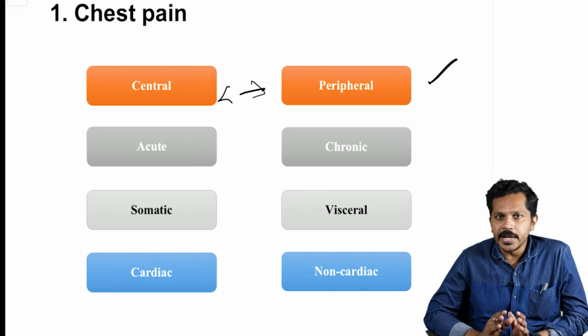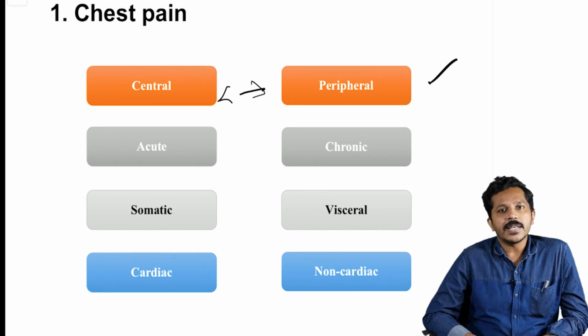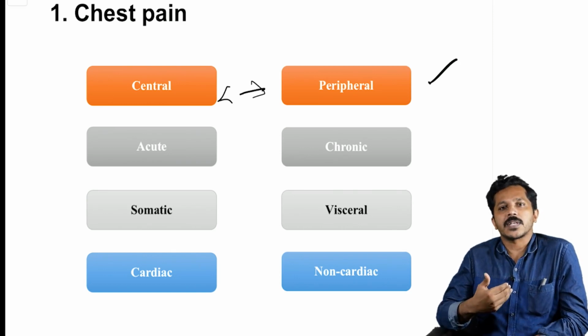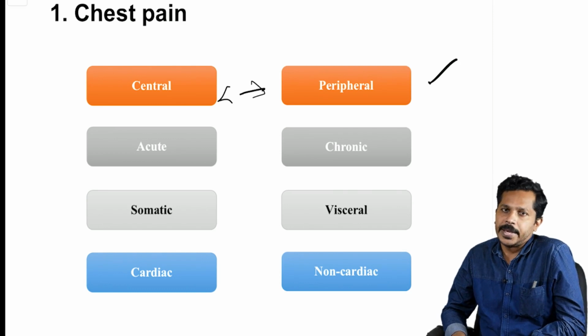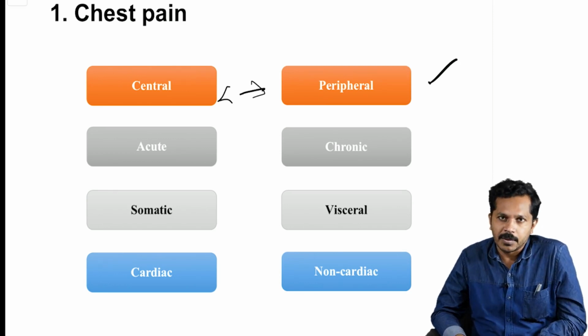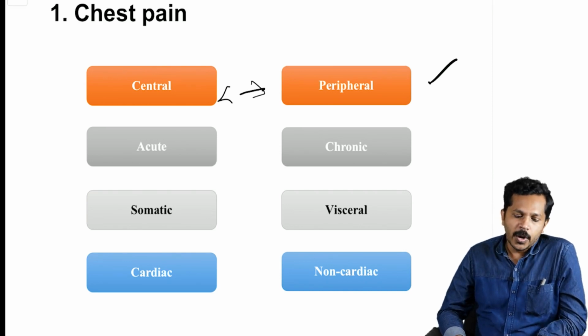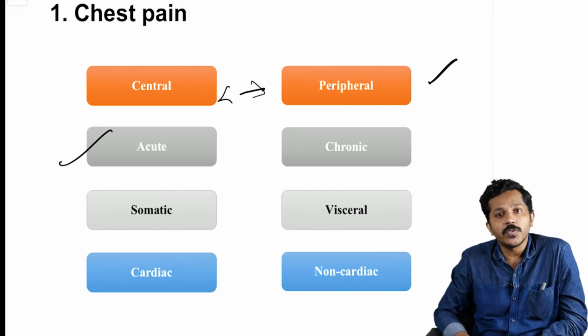This is how you identify central versus peripheral chest pain. Naturally, when a central chest pain comes, you can think of the structures present in the center of the chest as one of the causes of the pain, while in peripheral pain you can think of the structures in the periphery of the chest. Now, another way of dividing chest pain is acute versus chronic.